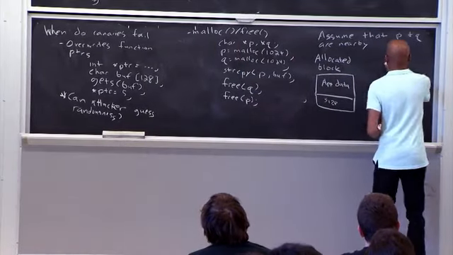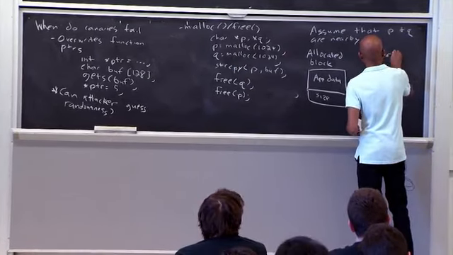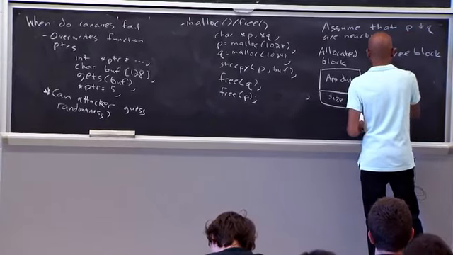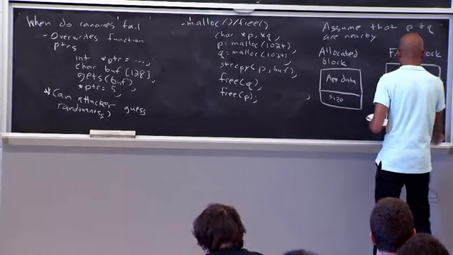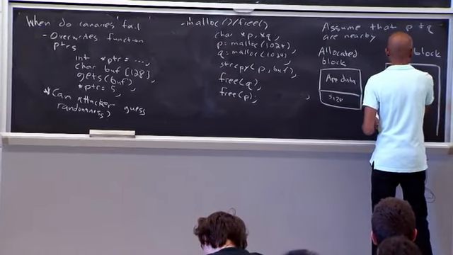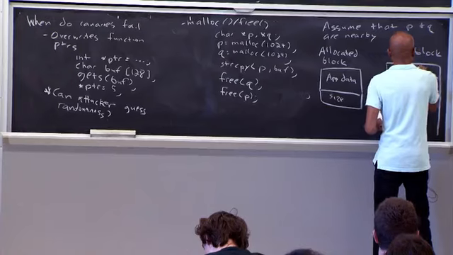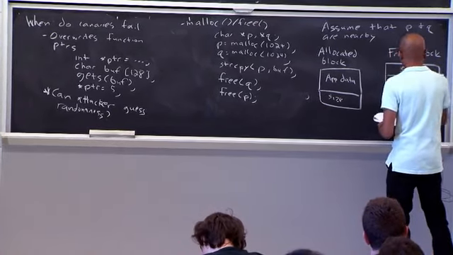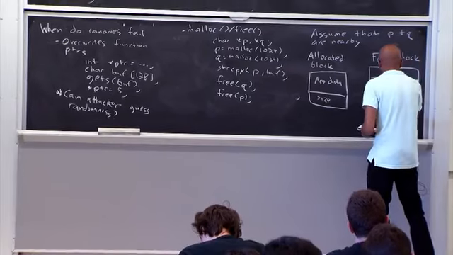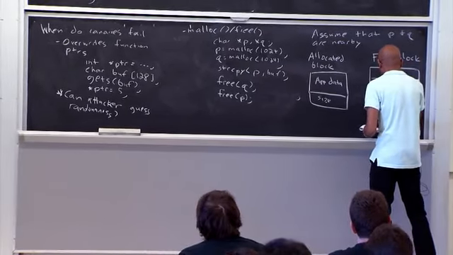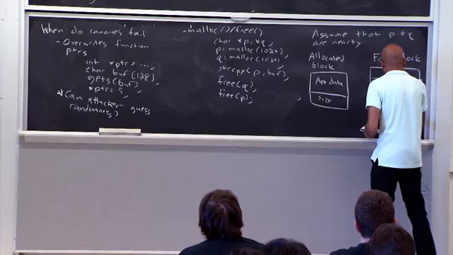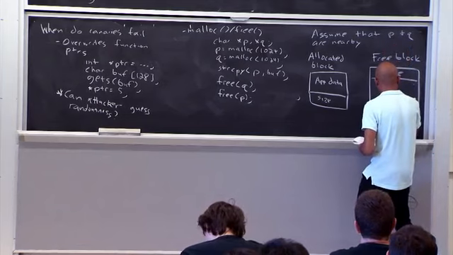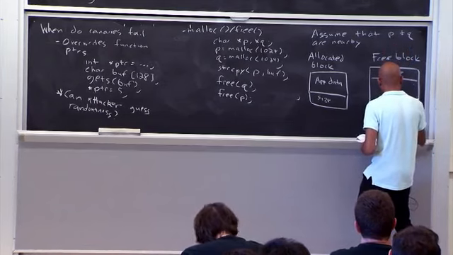So let's say that a free block has some metadata that looks like this. Maybe you've got the size of the free block here, and then a bunch of empty space here. And then, this is where things get interesting, you've got a backwards pointer, and then a forward pointer.